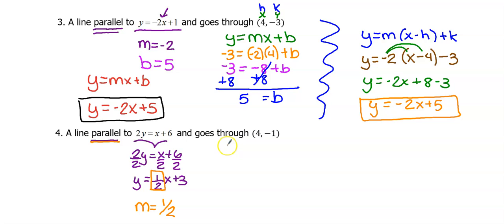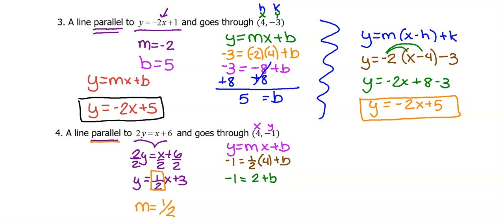Let's go back to that y equals mx plus b if you want. We had to find the b. So I'm going to say y equals -1. We know the slope is 1/2. x is 4. So we're going to say -1 equals half of 4 is 2.